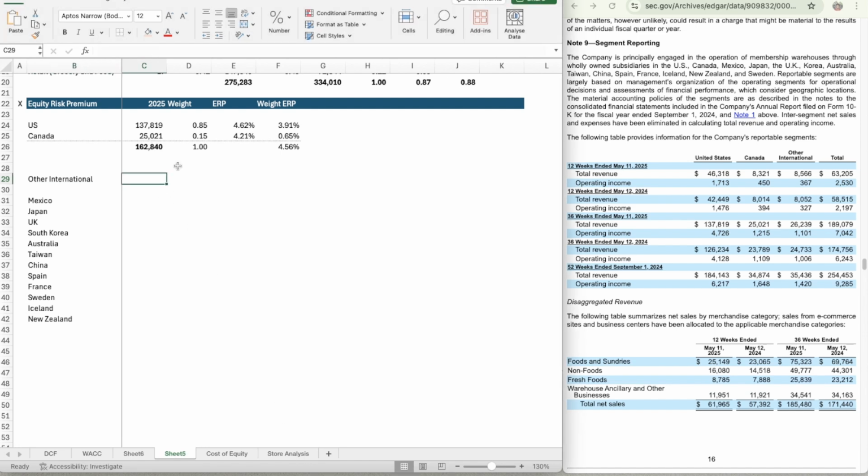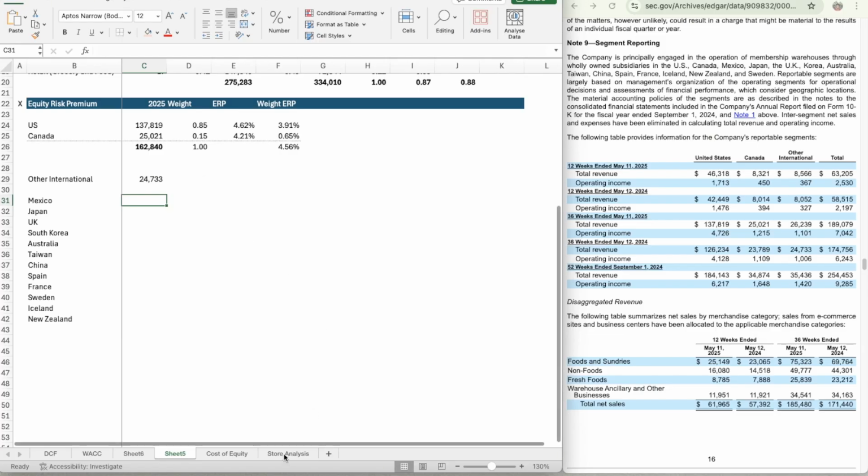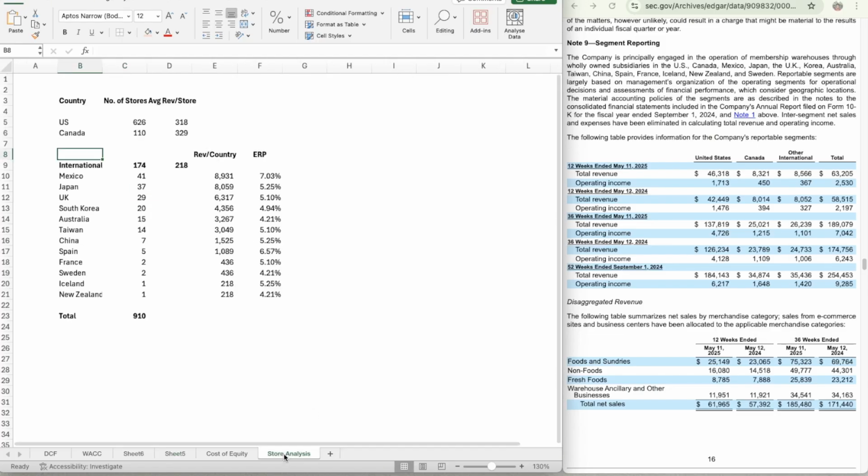So other international revenue, we know that is 24,733, up until the third financial statement of the year. That's what the revenue was for the rest of the world. So what we need to do is take this figure and come back onto the store analysis page.